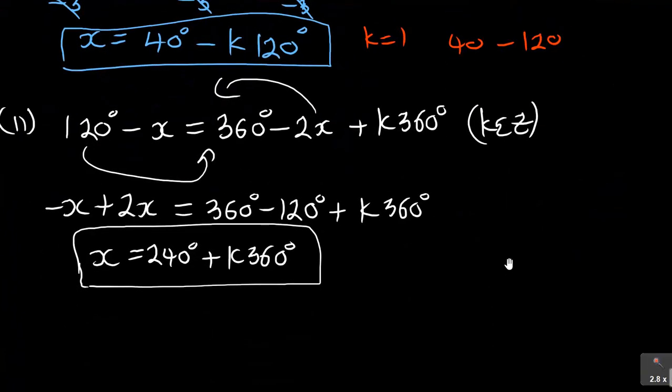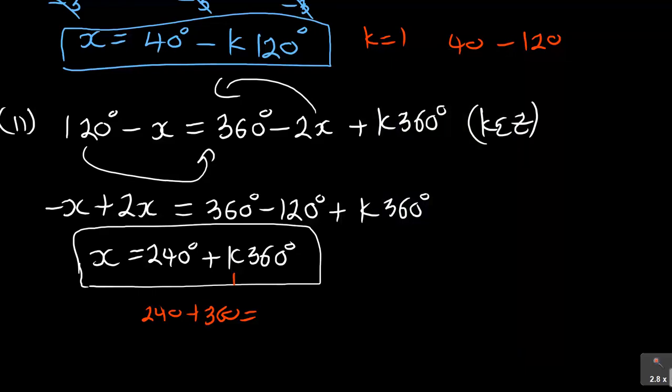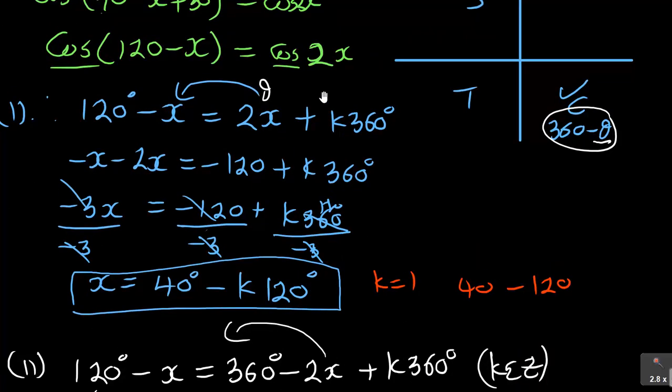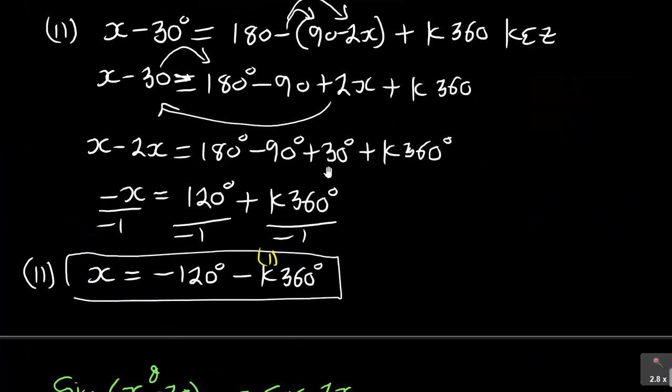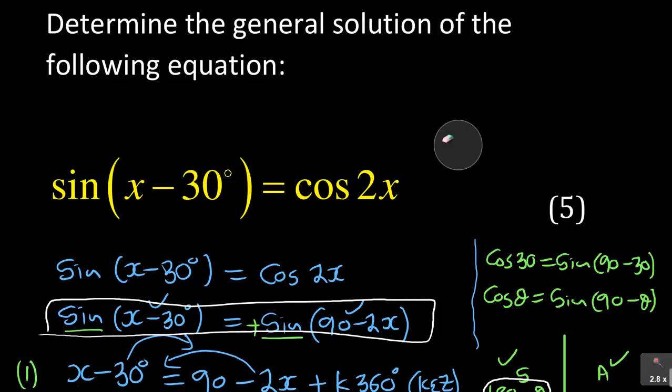Let us go to the last one, which is 240 plus k360 when k is 1. So you'll have 240 plus 360. If we add that, it gives us 600. So we are going to use 600 in the original equation here.